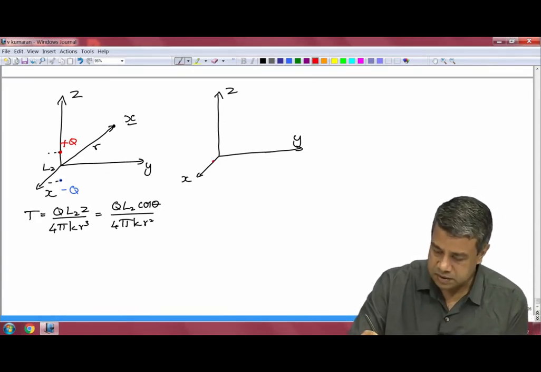I can have a source and a sink separated by a distance Lx in the x direction.